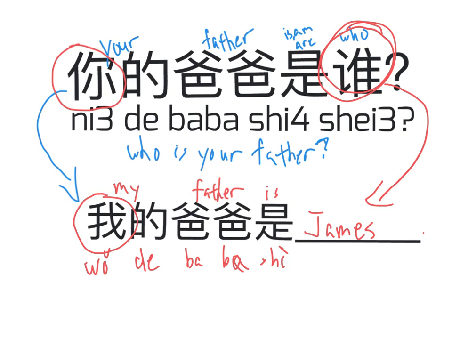So, 我的爸爸是 James. No more question word. So if I ask you 你的爸爸是谁, your answer would be 我的爸爸是, and then the name of your dad.